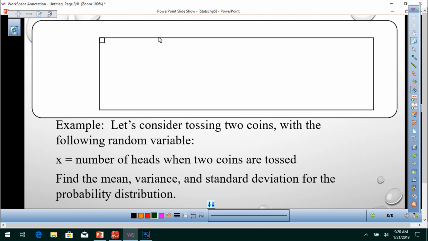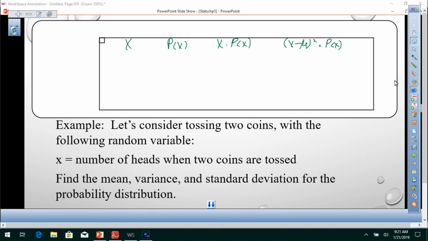So we need x, and we need p of x, and we need x times p of x, and we need x minus mu squared times p of x. Okay, so we got this.